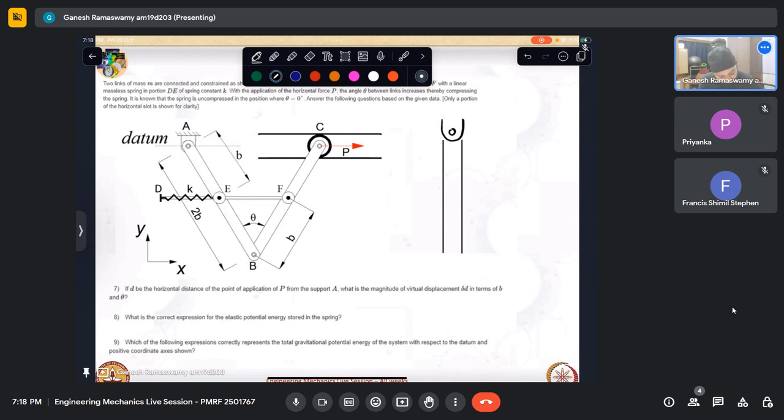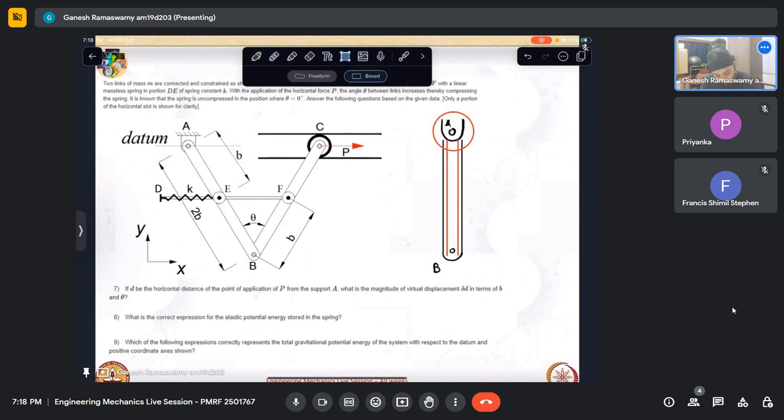So this is member BA. Over and above that, I have the wheel here, this roller here. So to the roller, we have BC attached. So there will be another. I'm just drawing. They are identical, it is said, but I'm just drawing it with a different width so that it becomes clear.